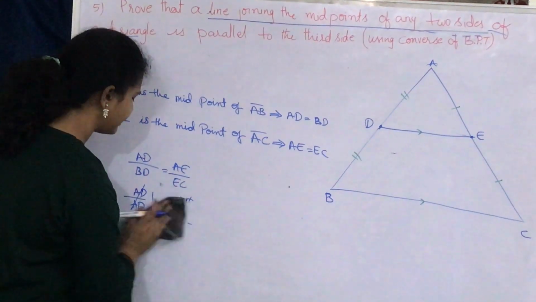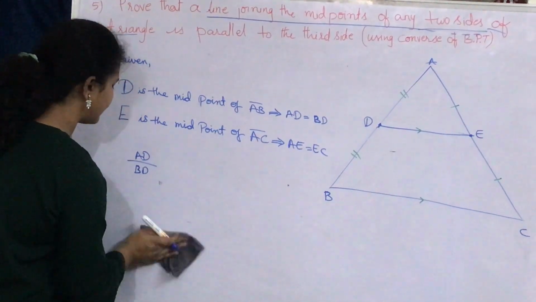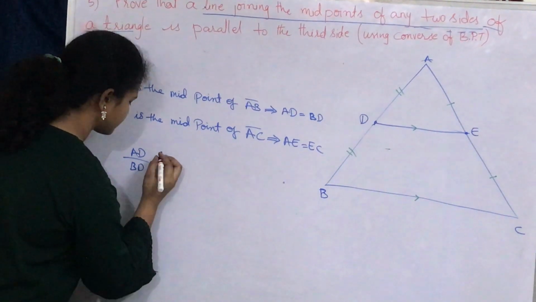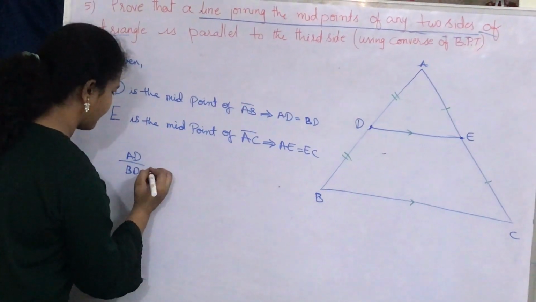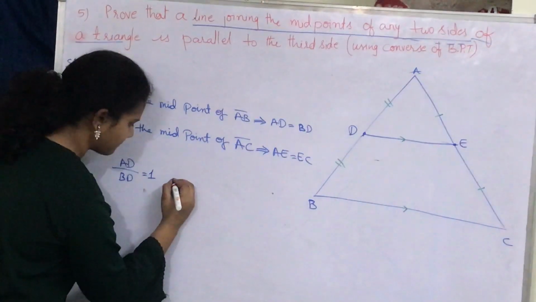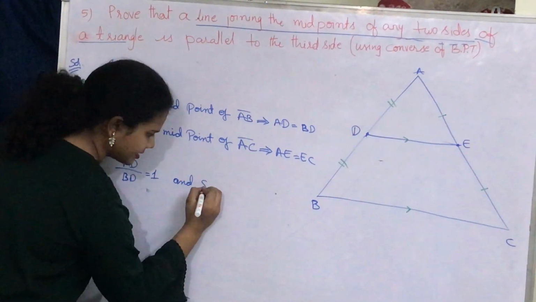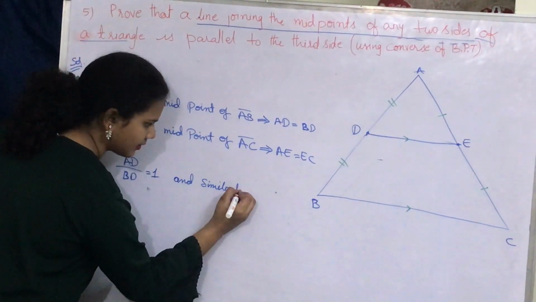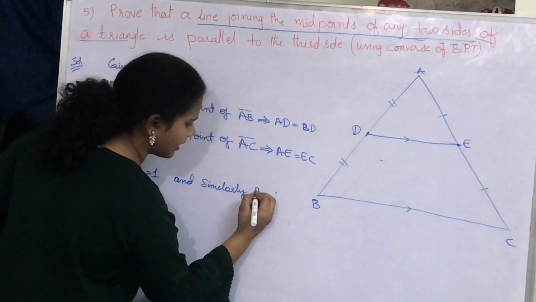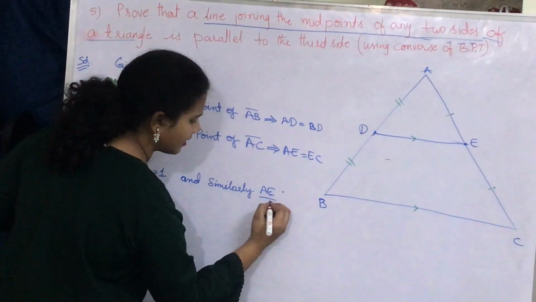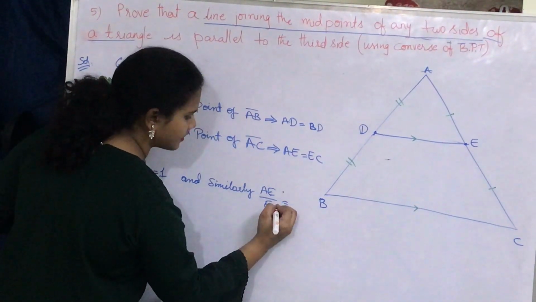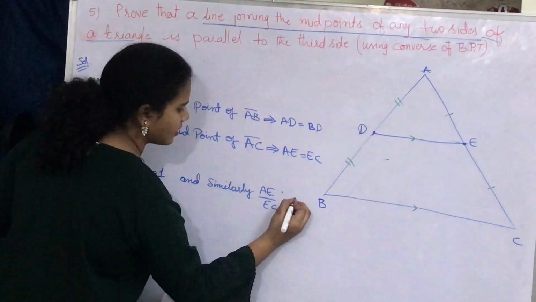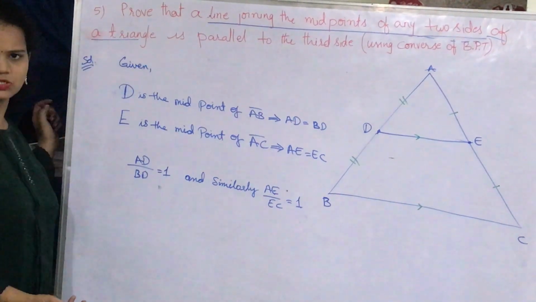So now I can say that AD by BD equals 1, and similarly we know that AE by EC equals 1, right? AE by EC equals 1.